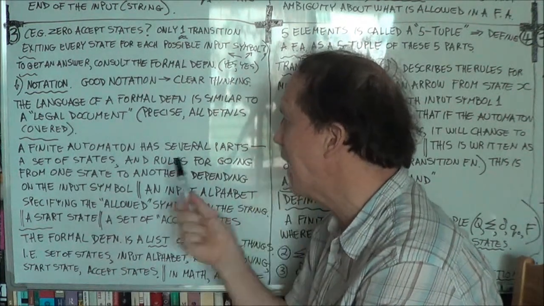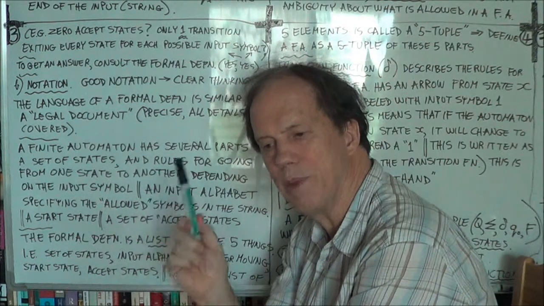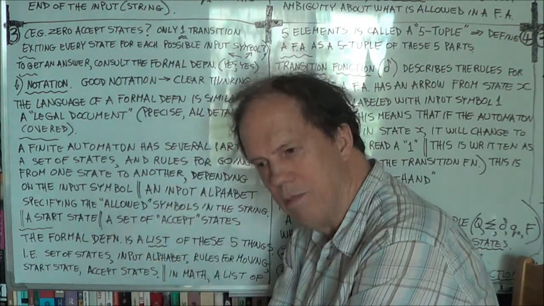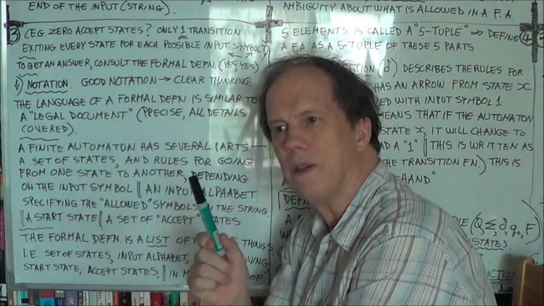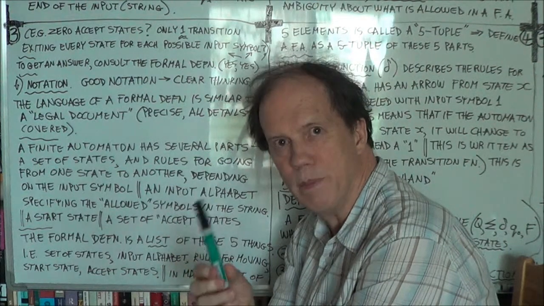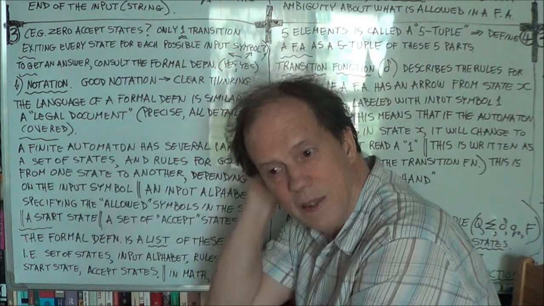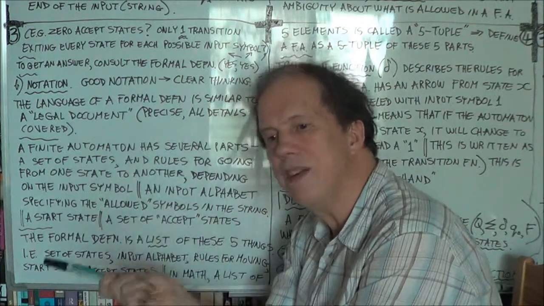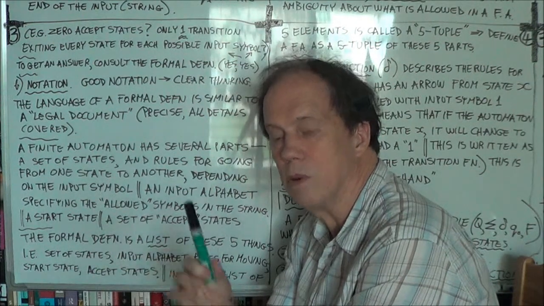And then you need transition rules: given the current state and the input symbol the automaton is reading, transition to a different state, or maybe the same one.